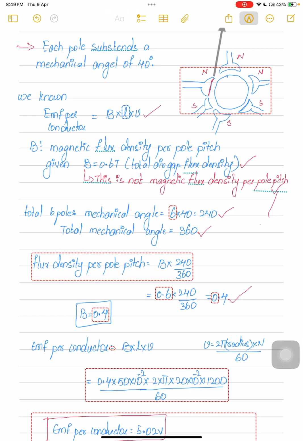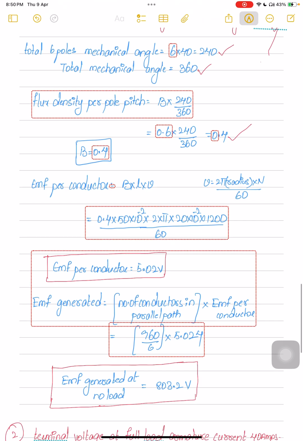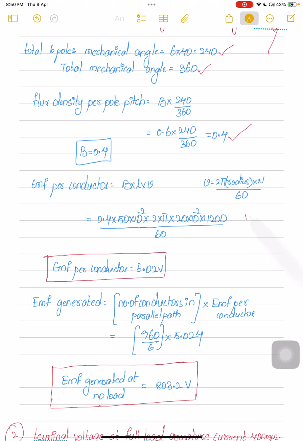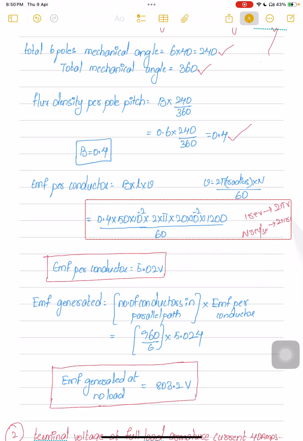We already know L is given in the data, which is 50 centimeters. And V is the velocity of the conductor, which should be in meters per second. One revolution makes a distance of 2 pi r. For n revolutions per second, it will go 2 pi r into n.